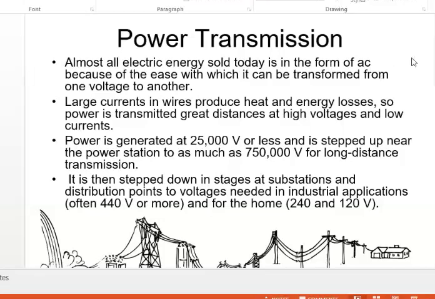That's why AC is preferred for supply to a distant place.